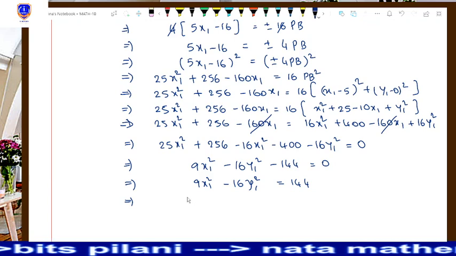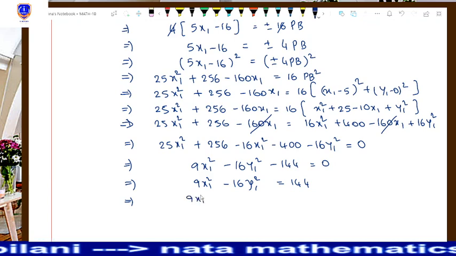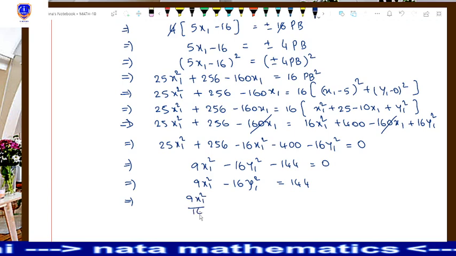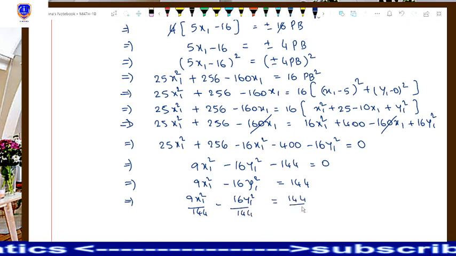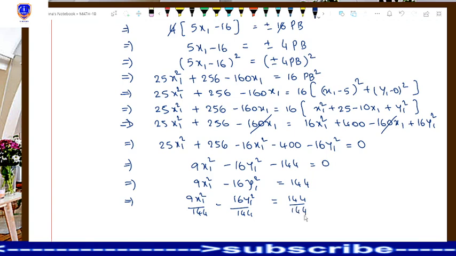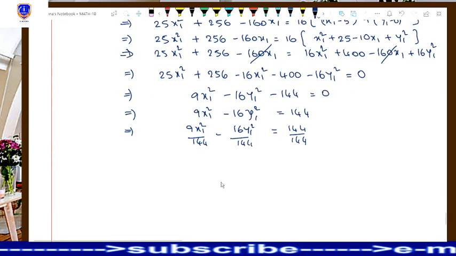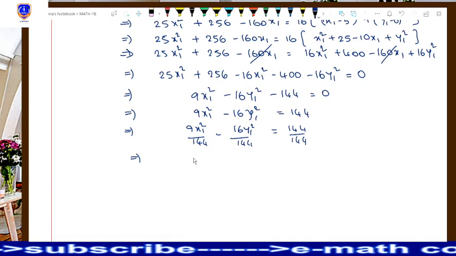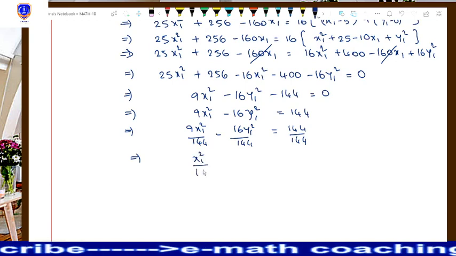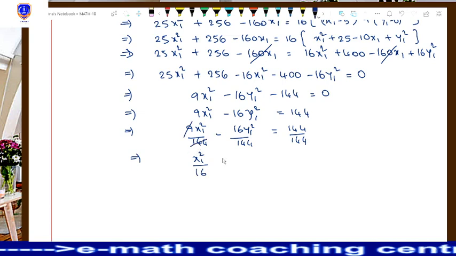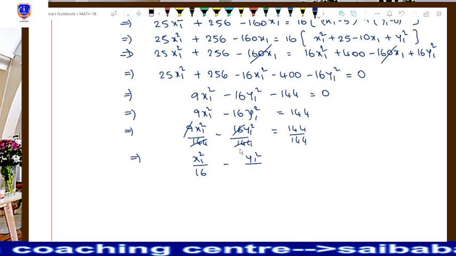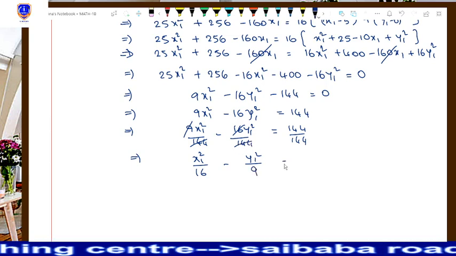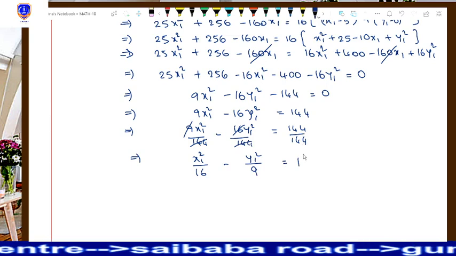Divide the entire expression by 144. Thus we will get the locus. This implies x1 square by 16, because 9 goes into 144 16 times; y1 square by 9, because 16 goes into 144 in 9 times; and 144 goes into 144 in 1 time.